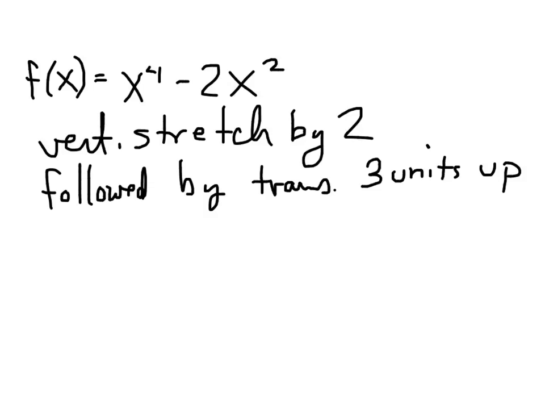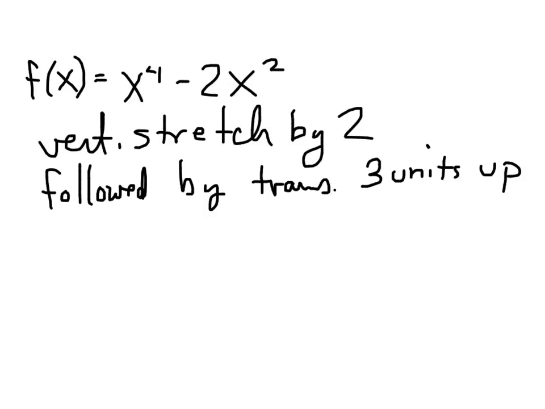Okay? So the first one it asked you to do was a vertical stretch. What does a vertical stretch do? Does it add, subtract, or multiply? It multiplies. Inside a grouping symbol or outside a grouping symbol? Outside.